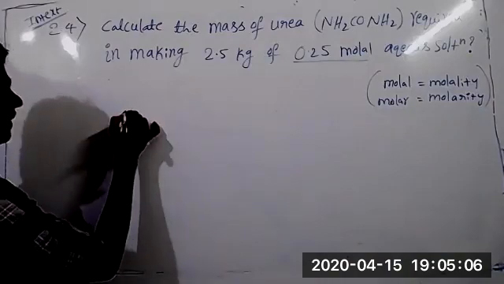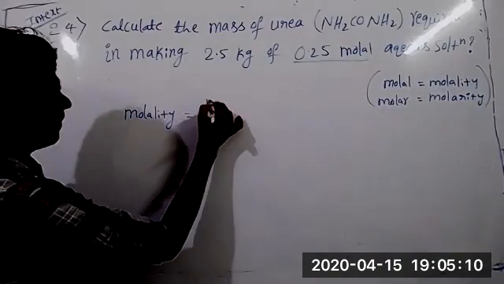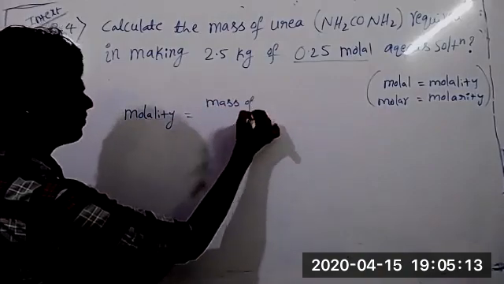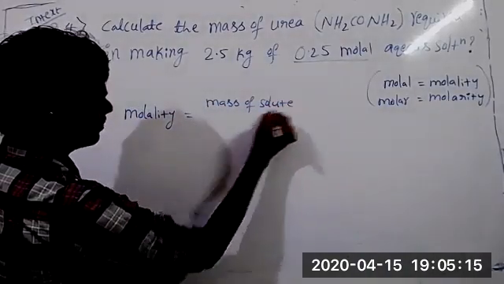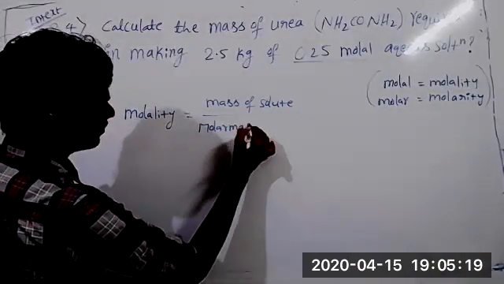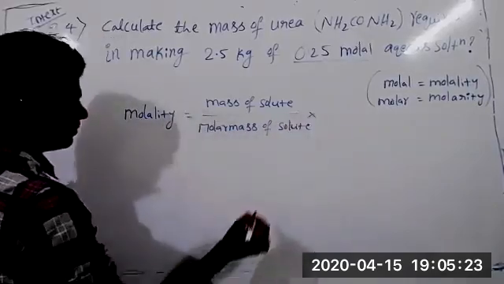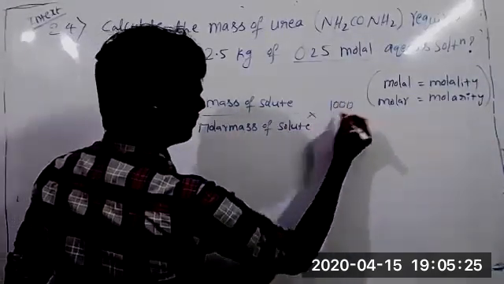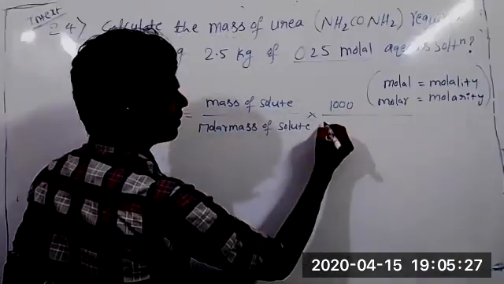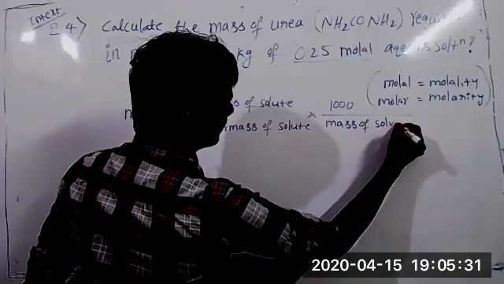Now, the molality formula: mass of solute divided by molar mass of solute, times 1000, by mass of solvent.